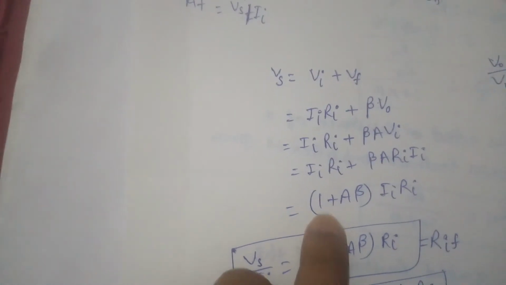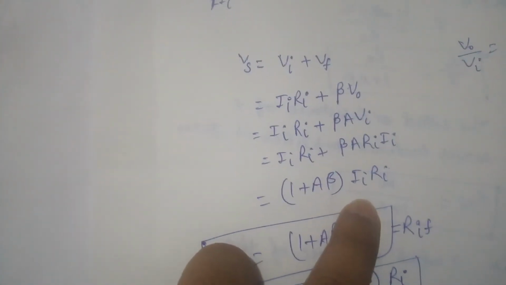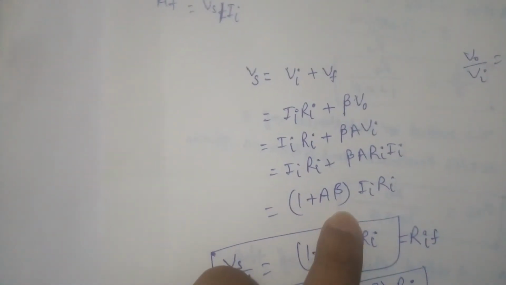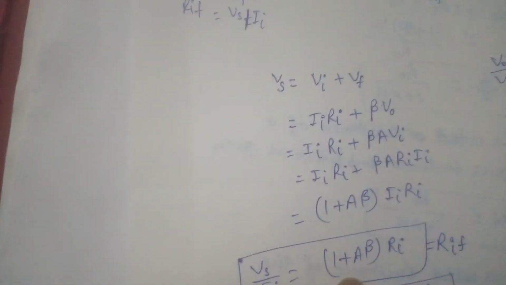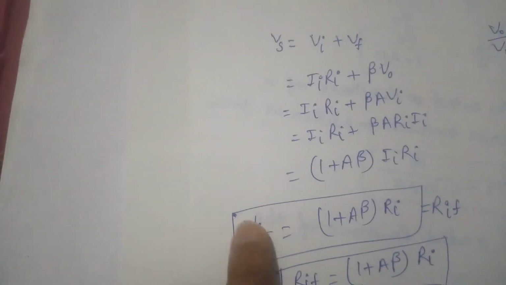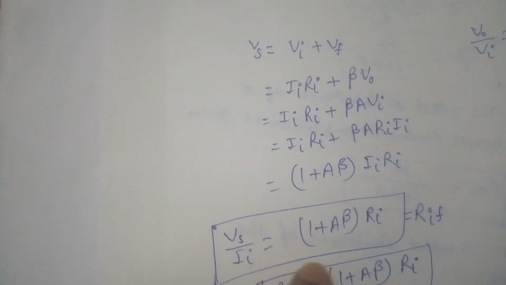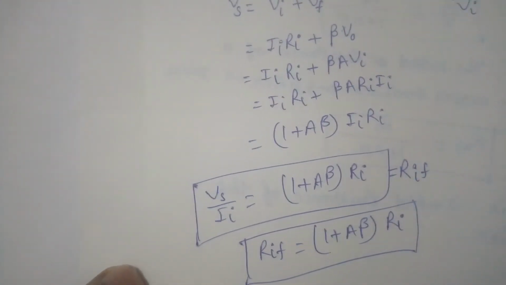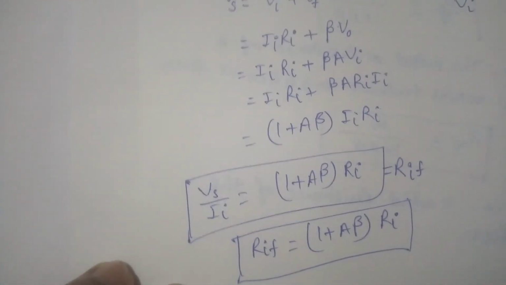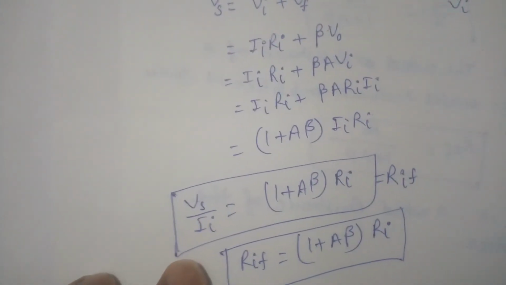Now Ii and Ri will be common, giving 1 plus A beta, and Ii Ri is Vi, so we get Vs and Ii. So Rif, the input resistance with feedback, is equal to 1 plus A beta times Ri.